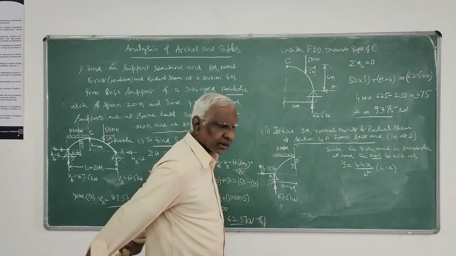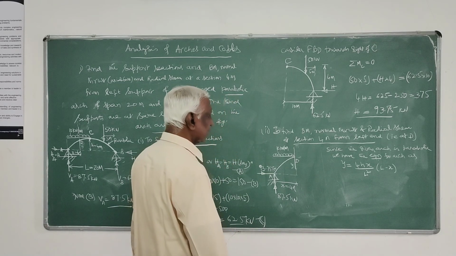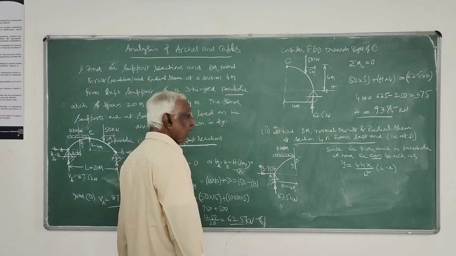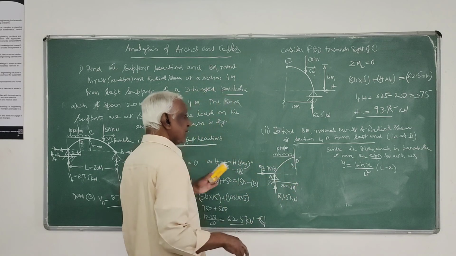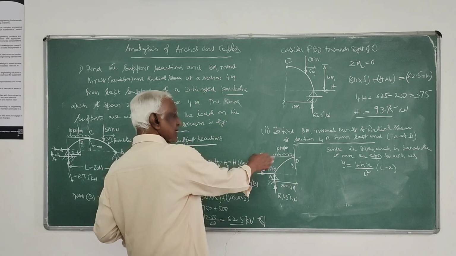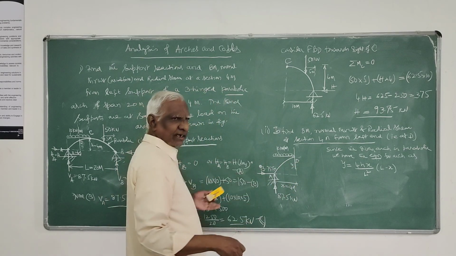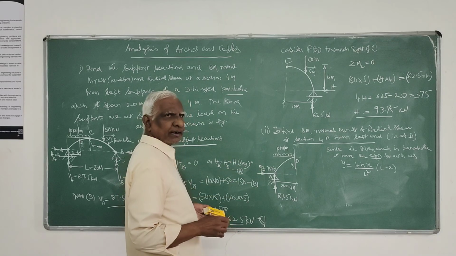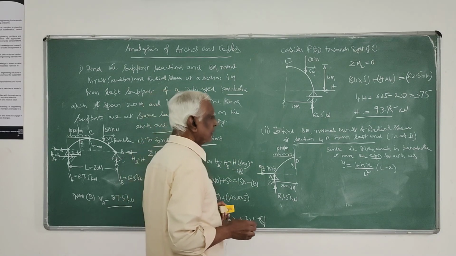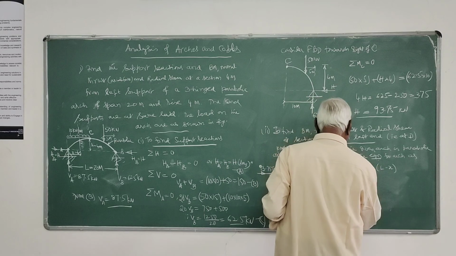This you have to remember. That is the equation of the parabolic arch, where H is the rise, L is the span, and X is the point where that vertical height is to be measured at any point. So this is the equation.